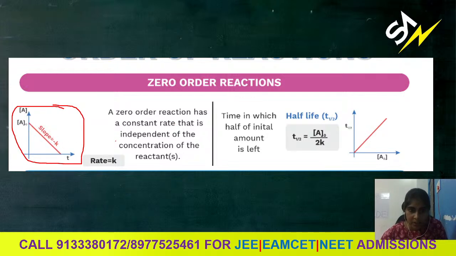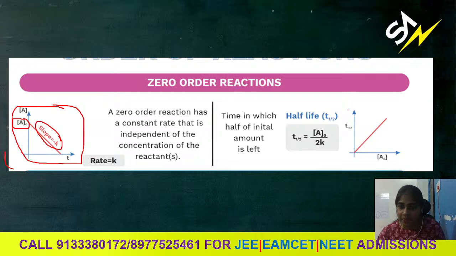It is a constant rate that is independent of the concentration. On the Y-axis there is concentration, on the X-axis there is time. So, independent of the concentration, the slope, the rate constant K, is shown in the form of a decreasing straight line. That gives the graph of the zero order reaction.